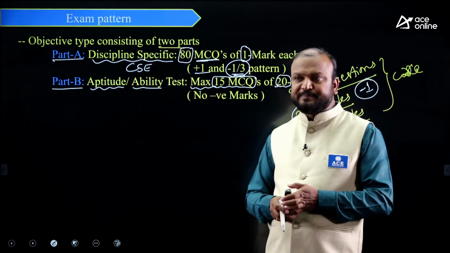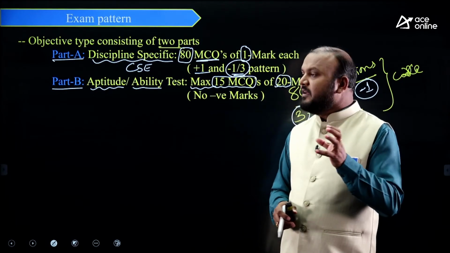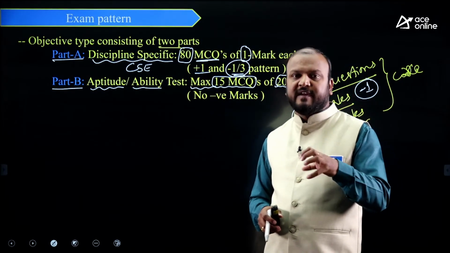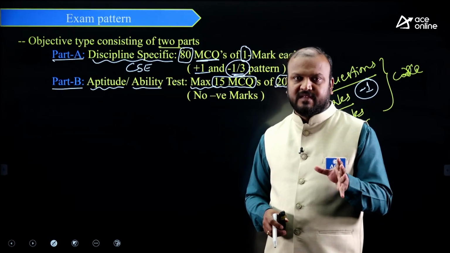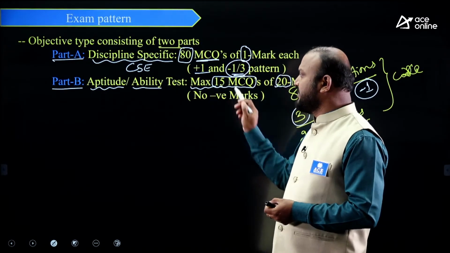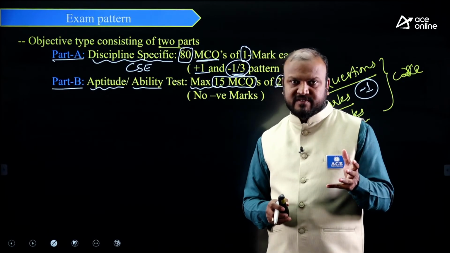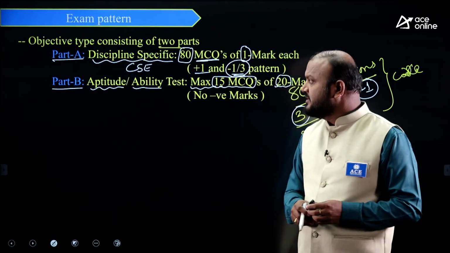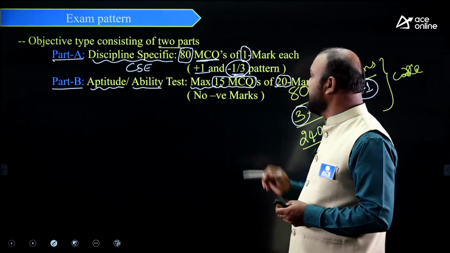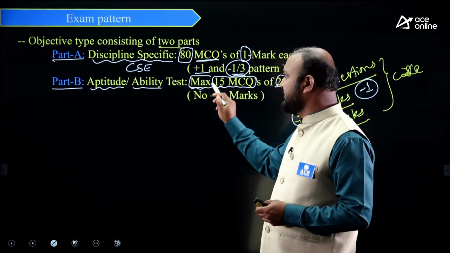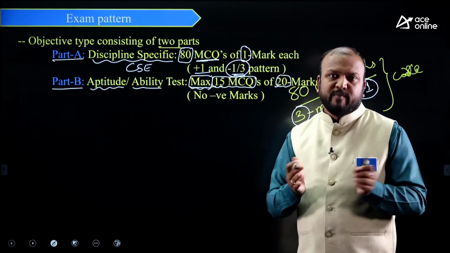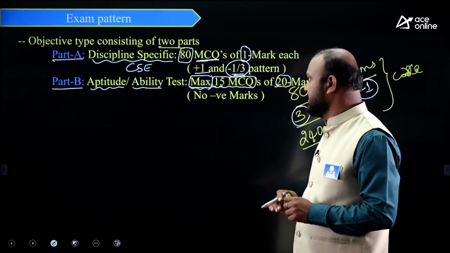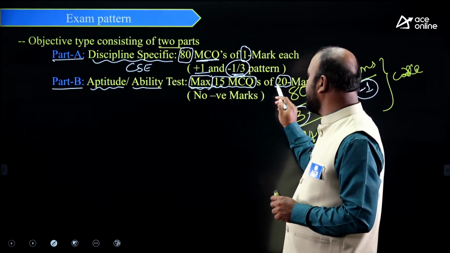So maybe it is 10 1-mark questions and 5 2-mark questions, maybe they may prepare in that way, or else 10 2-mark questions. Part B is only for aptitude or ability test. You may get anything below 15 MCQs, but totally those MCQs are for 20 marks.